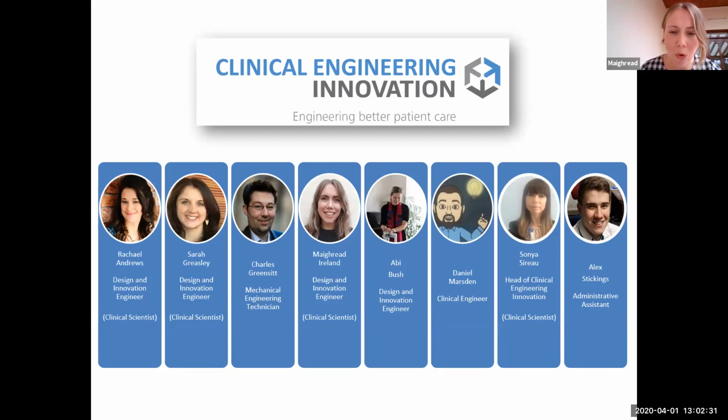We then have 1 clinical engineer who has a background in clinical engineering technical services, and then we have 2 engineers who have come from external industry experience. And I think having this range of backgrounds within our team is very useful and very important to us being successful in the work that we do.